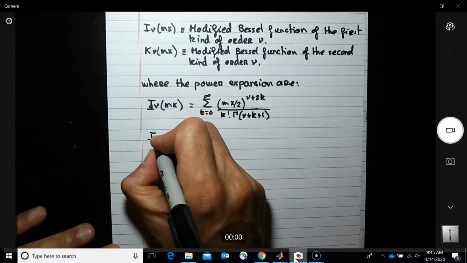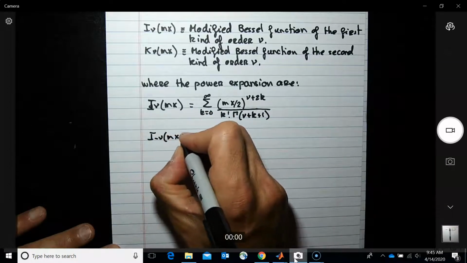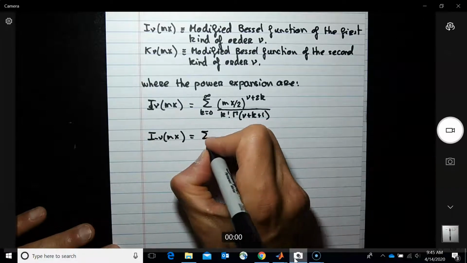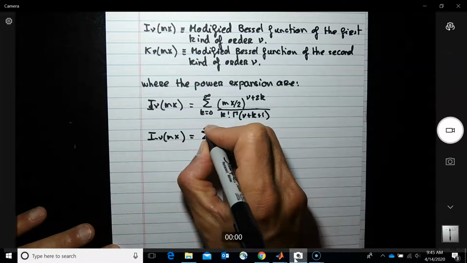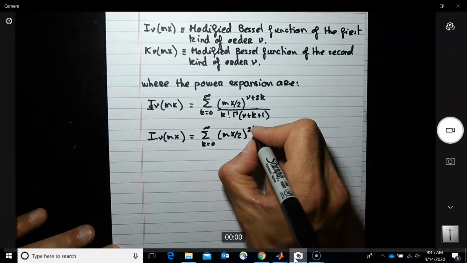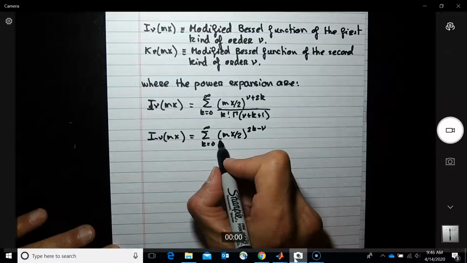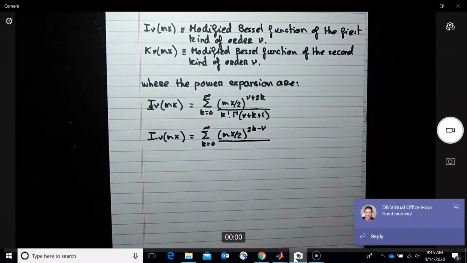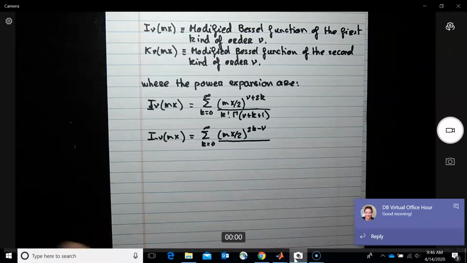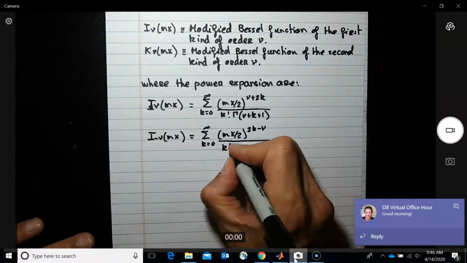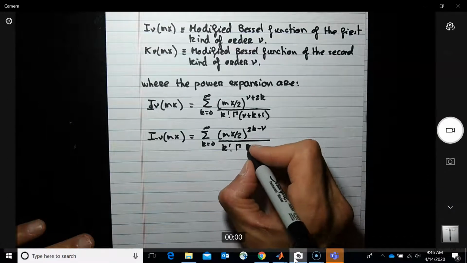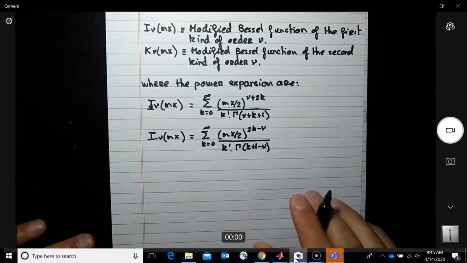Then I of minus mu of mx would be equal to the summation from k equal to 0 to infinity of (mx over 2) to the power 2k minus mu, divided by k factorial times gamma of k plus 1 minus mu.